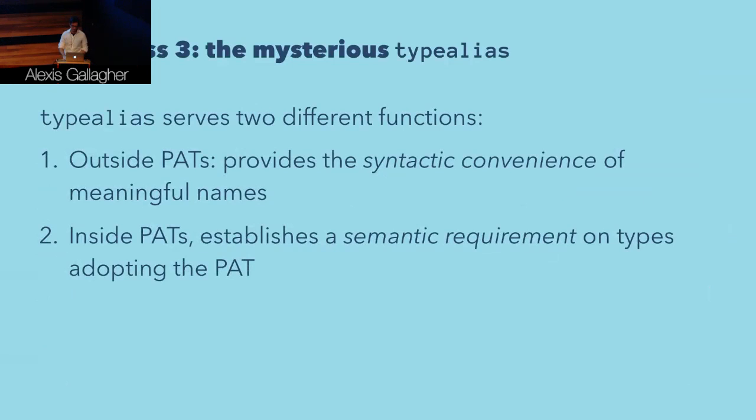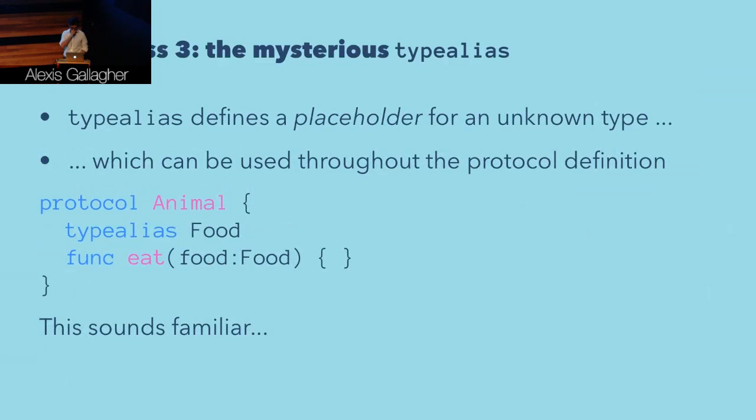And that is interesting to think on. Type alias is, in that case, effectively defining a placeholder for an unknown type. Right? So here's a protocol Animal, and every animal eats some kind of food, and let's say Food's also a type. But until I know which animal adopts it, I don't know what kind of food it is.